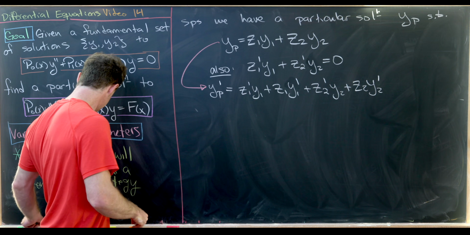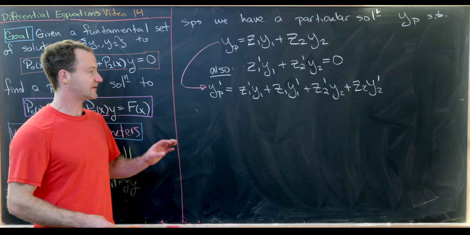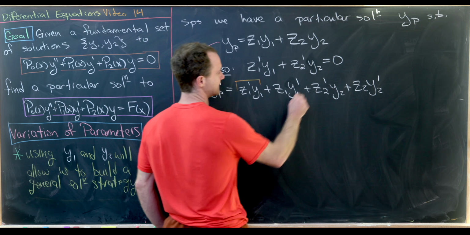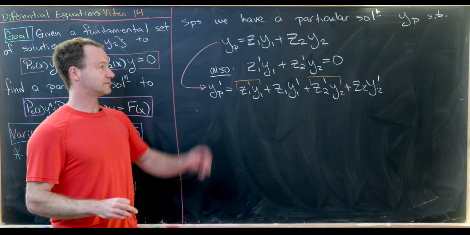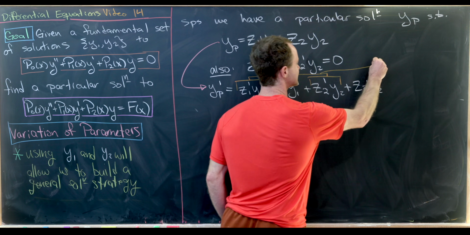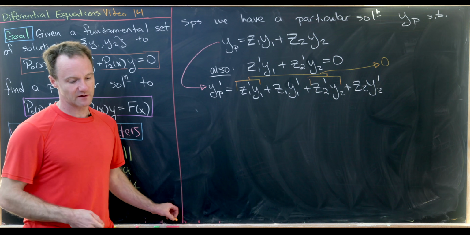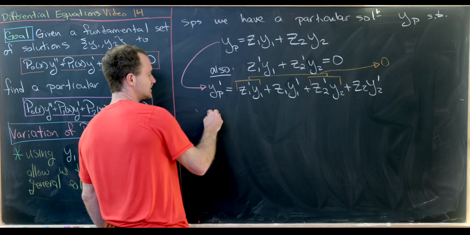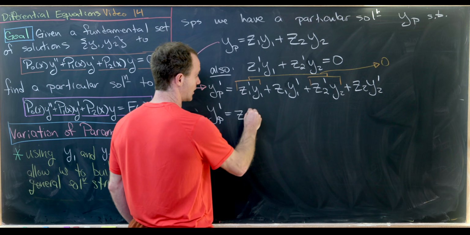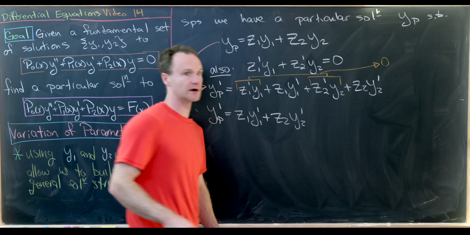But notice this funny looking assumption that we made actually has a simplifying effect on this derivative. I'll overline the things in orange that sum to this condition that we have imposed. That means we can take these two terms and just get rid of them because they add to 0. They're not 0 by themselves, but they add to 0. So yp prime can be written as z1 y1 prime plus z2 y2 prime.